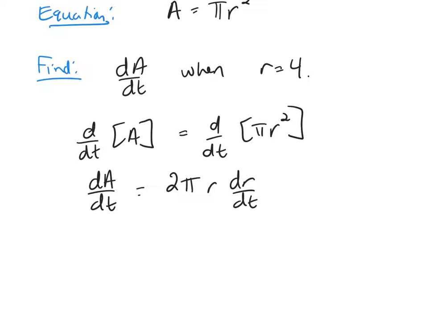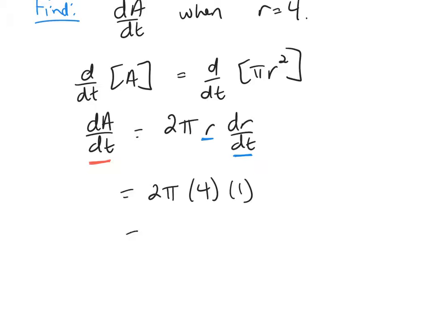So here's where I plug in, this is what I'm trying to find over here. So I'm going to plug in what I know. I know that r is 4. And I know dr/dt, that was given to me, of 1. So then I get 8 pi.